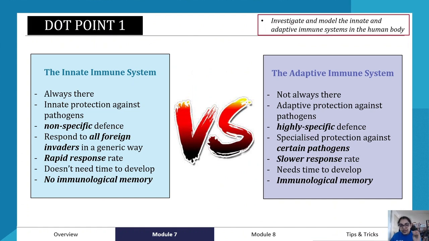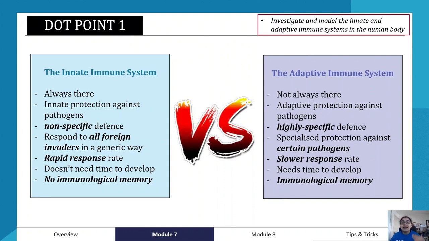Essentially, the innate immune system includes both the first and second line of defense, and it is always there. It is always protecting us. It doesn't start working when we are hurt or when something happens. It's always there. It provides us innate protection against pathogens, and it is non-specific. So it's not going to react differently to different pathogens.